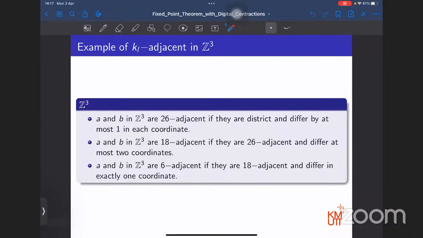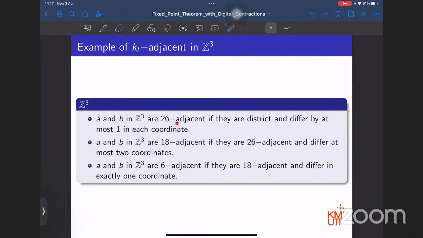In Z cubed, A and B are 26-adjacent if they are distinct and differ by at most 1 in each coordinate, and 18-adjacent if they are 26-adjacent and differ in at most 2 coordinates. And lastly, A and B are 6-adjacent if they are 18-adjacent and differ in exactly 1 coordinate.